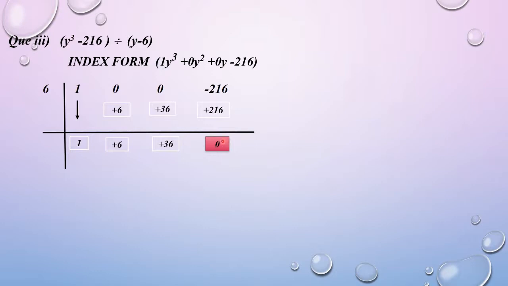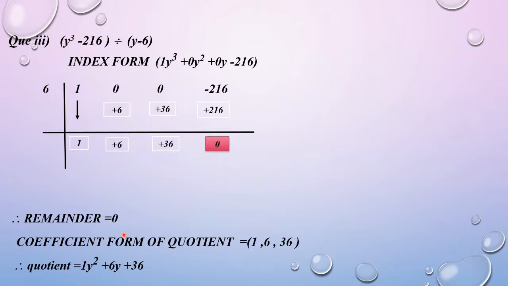Therefore, y minus 6 is a factor of this dividend y cube minus 216. Now, the coefficient form of the quotient is 1, 6 and plus 36. Remainder is 0. The quotient will be 1y square plus 6y plus 36.